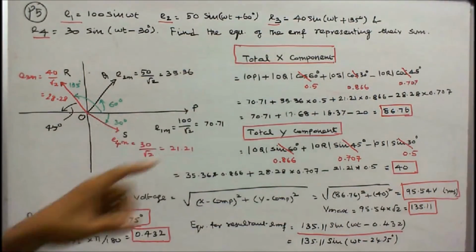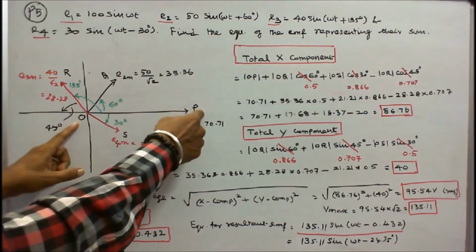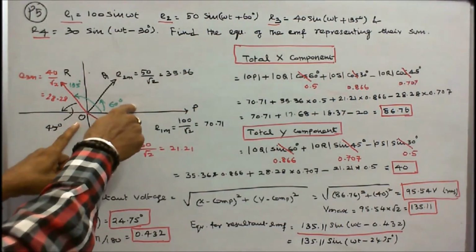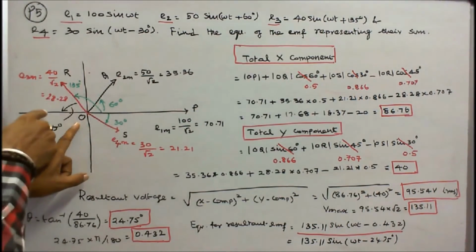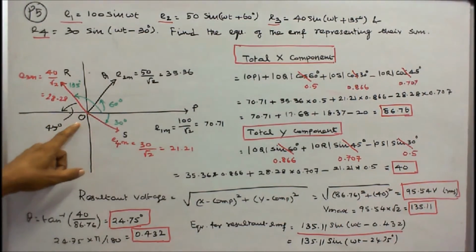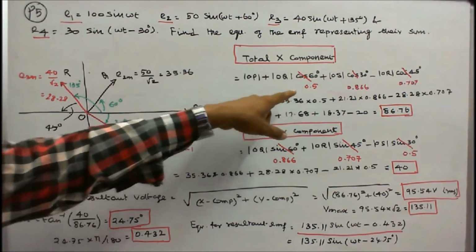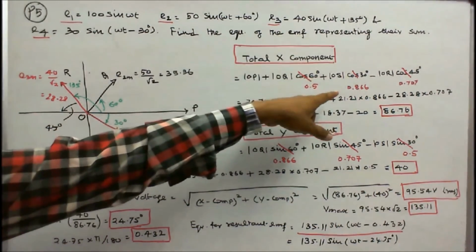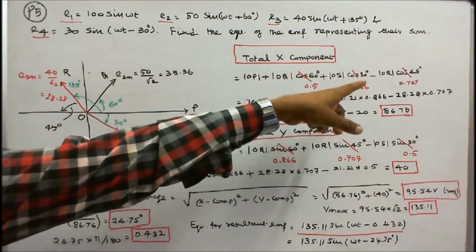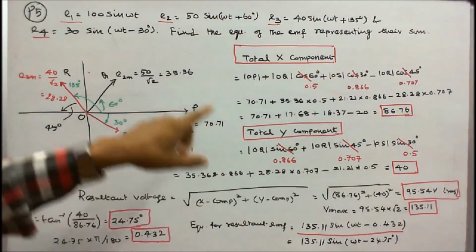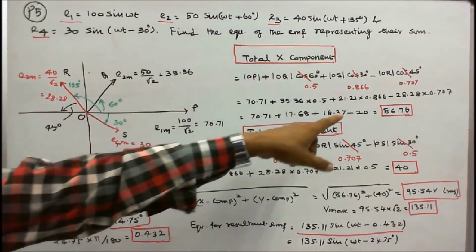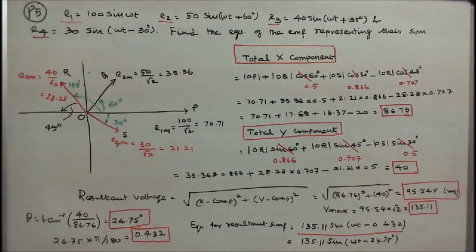Total X component is equal to OP plus OQ cos 60 minus OR cos 45 minus OS cos 30. Cos 60 is 0.5, cos 30 is 0.866, cos 45 is equal to 0.707. Therefore, total X component is equal to 86.76.